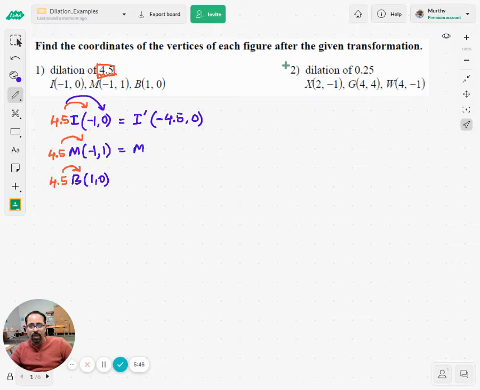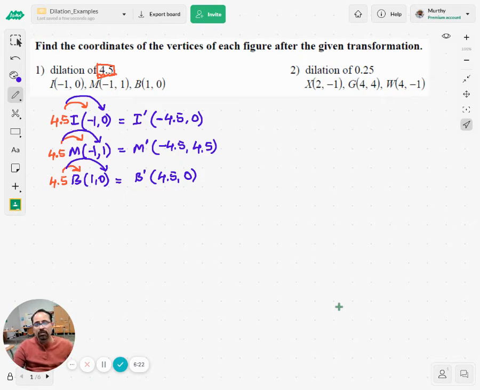Next, coming to M', 4.5 times negative 1 is negative 4.5, and 4.5 times 1 gives me 4.5. Next, B' values are 4.5 times 1, 4.5, and 4.5 times 0, it's 0. So these are the coordinates.